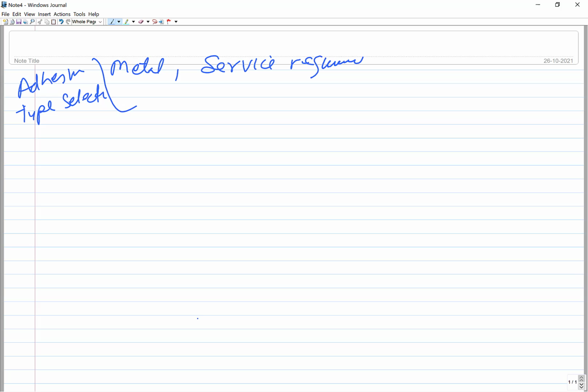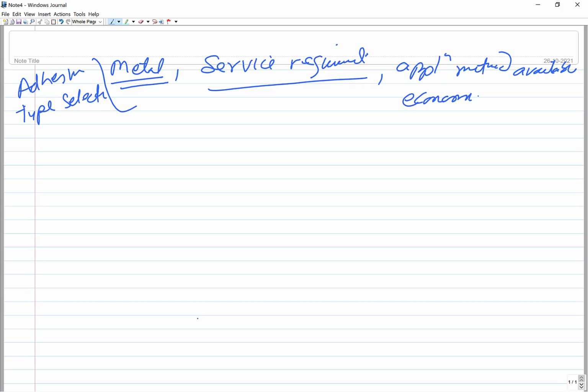This is very important. Apart from the metal of the component to be joined, you have to see what the expected service conditions are. Then, what is the application method available? Application method means how the adhesive will be applied. And of course, we have to see the economics of the adhesive joining.